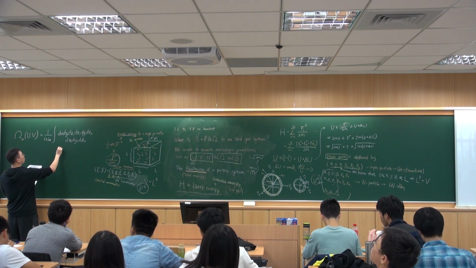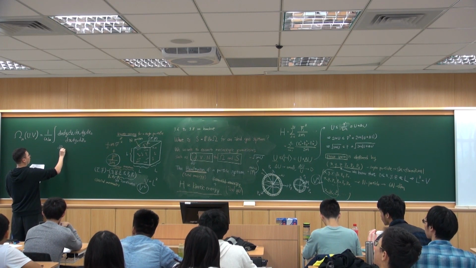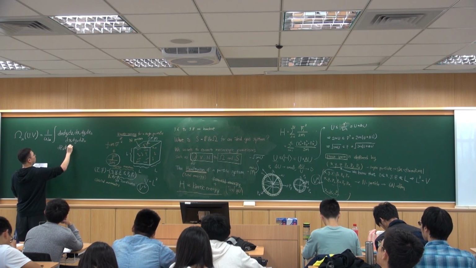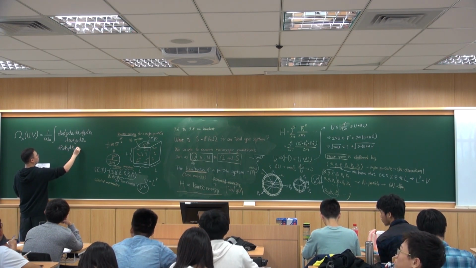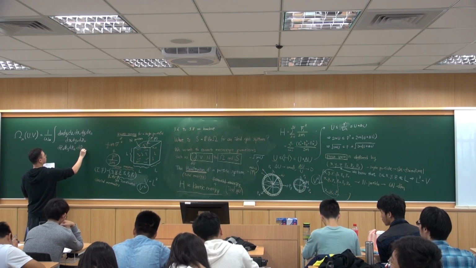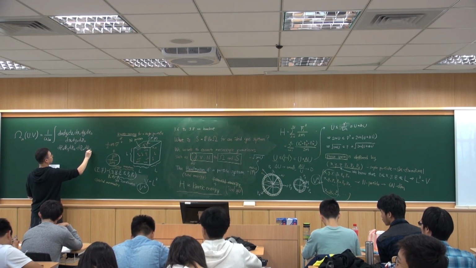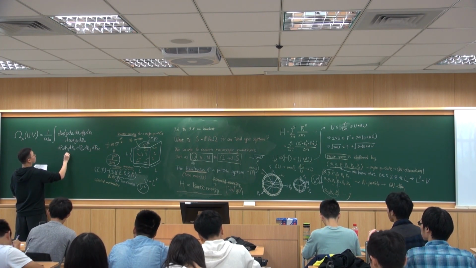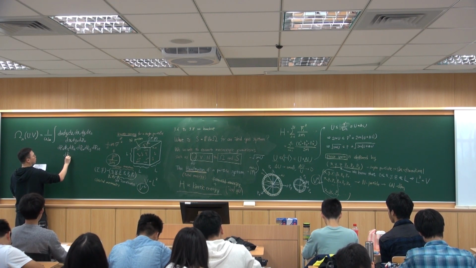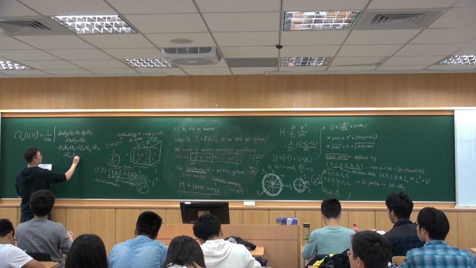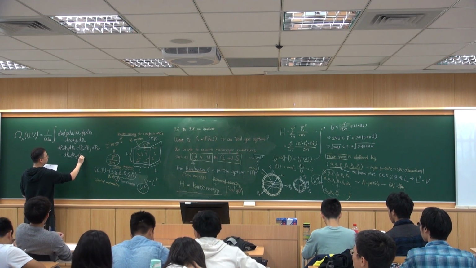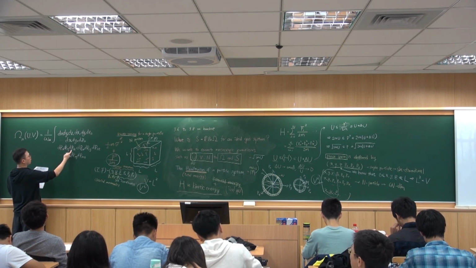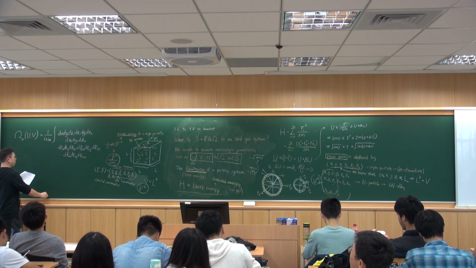And then we also need to integrate over the P1x, P1y, and so on. For n particles, they all have x, y, and z for their momentum, right?